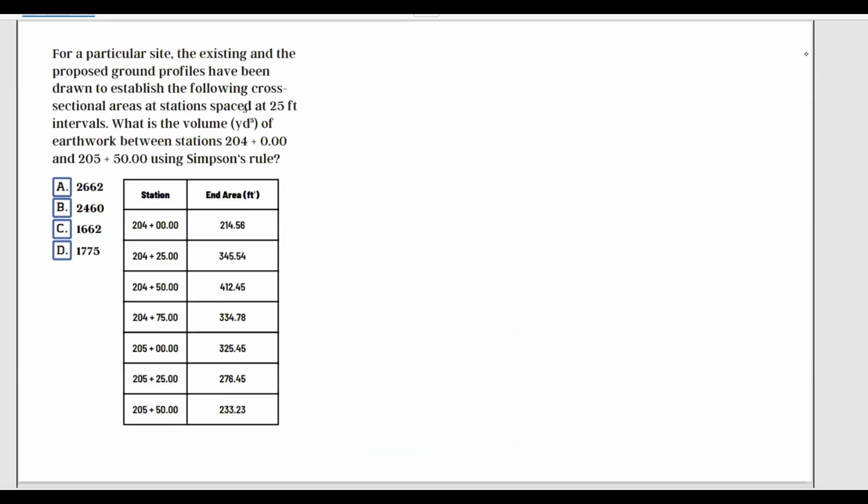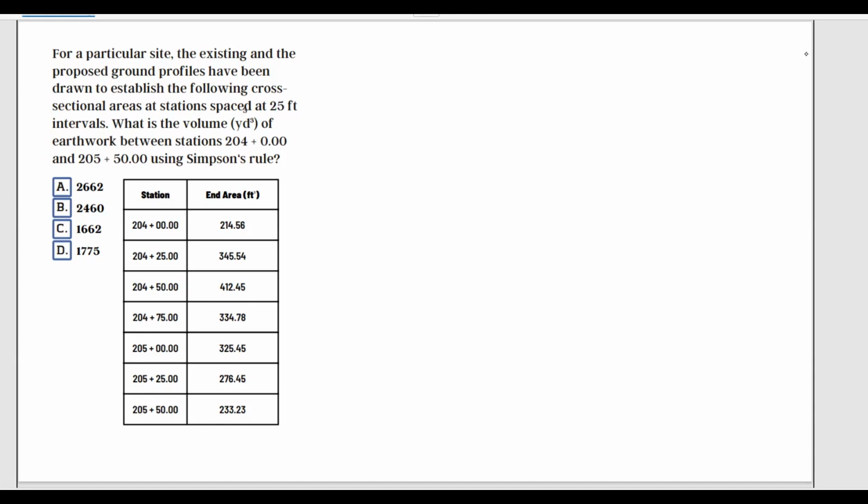Let's move on. For a particular site, the existing and the proposed ground profiles have been drawn to establish the following cross-sectional areas at stations spaced at 25 feet intervals. What is the volume in yards cubed of earthwork between station 204 and 205.50 using Simpson's rule?